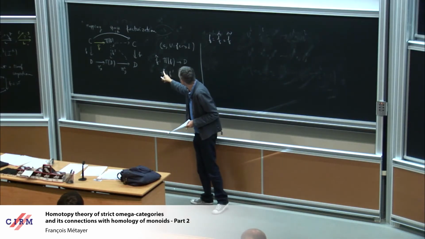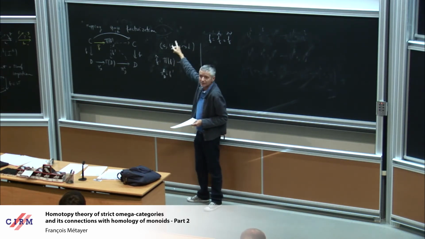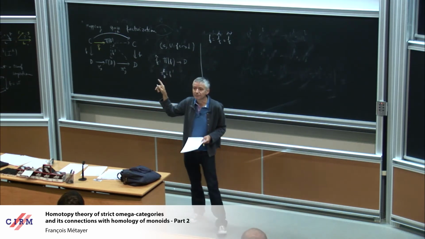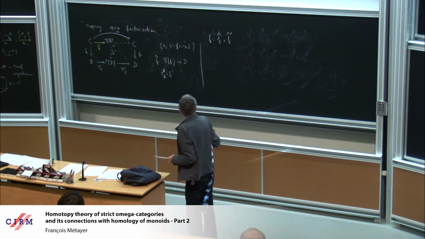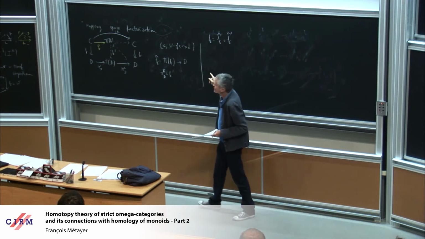So what does this F hat do? It takes a cell like this and outputs the cell D here in D.